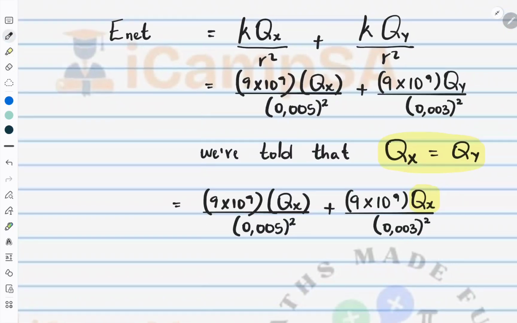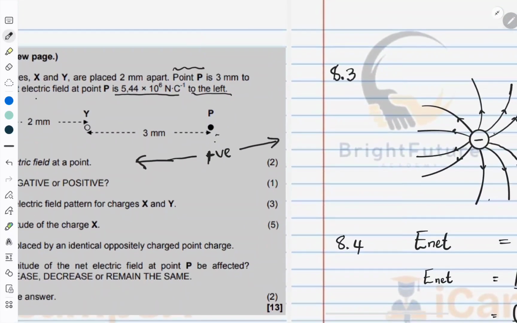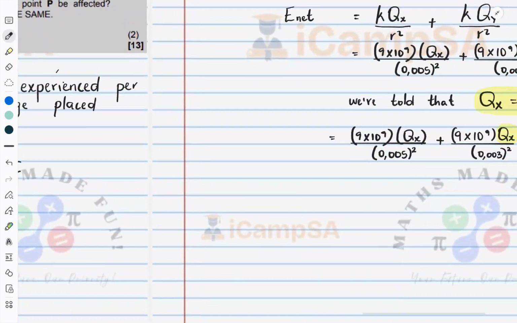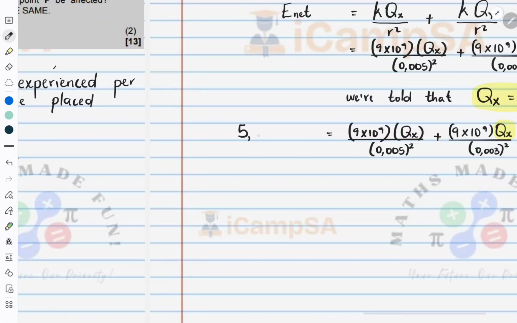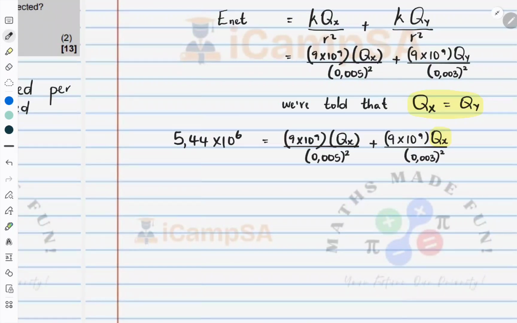So now we do that, and then we can also substitute our net electric field that we were given, which is 5.44 times 10 to the power 6, 5. And then start solving. So let's simplify everything. You can just punch it in your calculator.